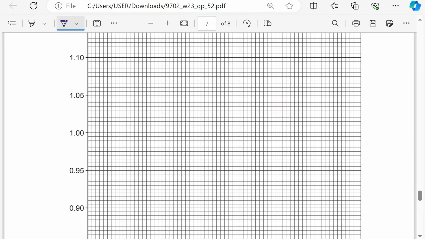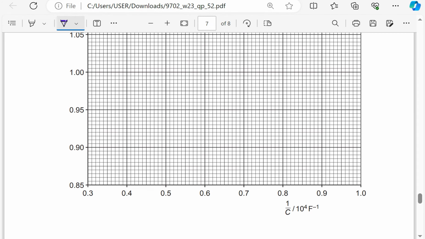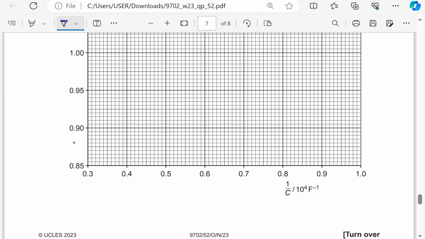So let me first look for 0.91. I must know the scale on the x-axis. The scale on the x-axis is 0.4 minus 0.3, that is 0.1 divided by 10, so on the x, each box is 0.01.